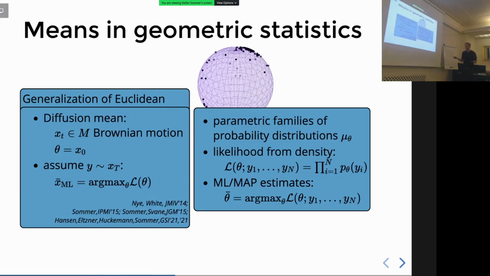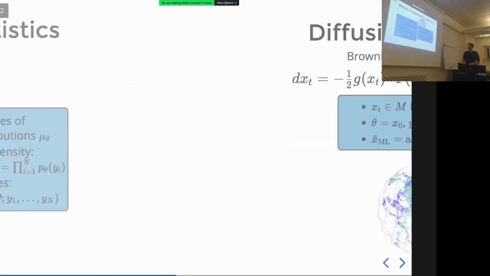But as soon as you move to manifolds, you get a different construction. This we call the diffusion mean. So what I will talk about now is how this diffusion mean deviates from the Fréchet mean.